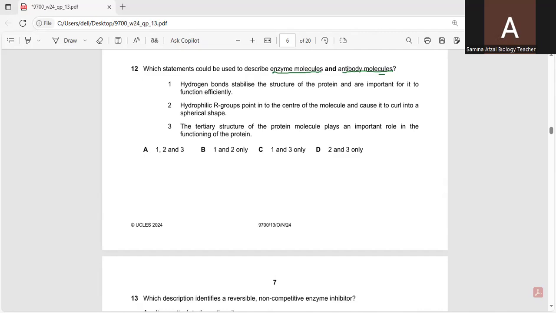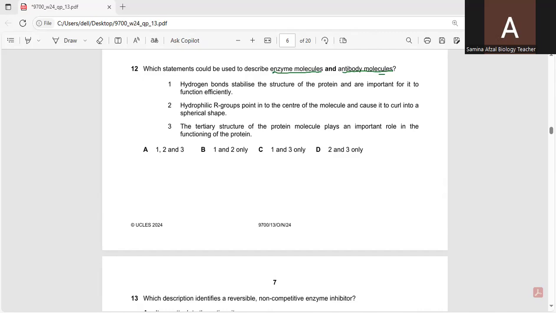In secondary structure, alpha helices and beta pleated sheets. And the third type of structure is the tertiary structure, the 3D structure. In this case, the hydrogen bonding is very important. This hydrogen bonding is crucial for the catalytic activity of the enzymes.